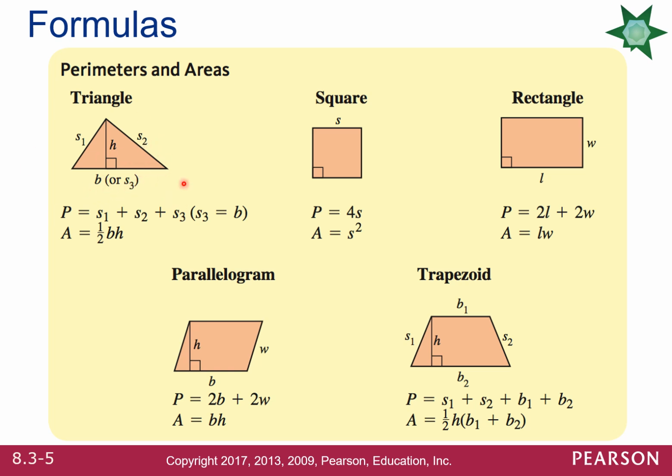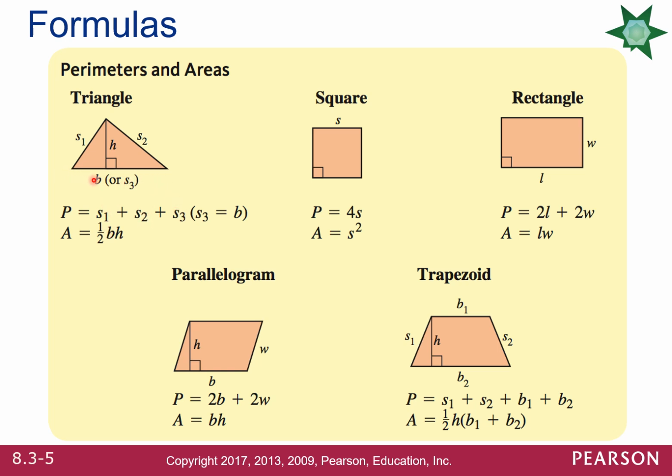Again, remember, perimeter is the sum of the sides that form the figure, the sides that enclose the area, S1, S2, S3. So perimeter is S1 plus S2 plus S3.